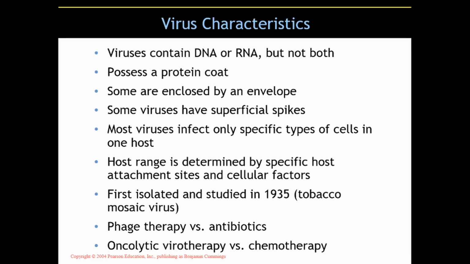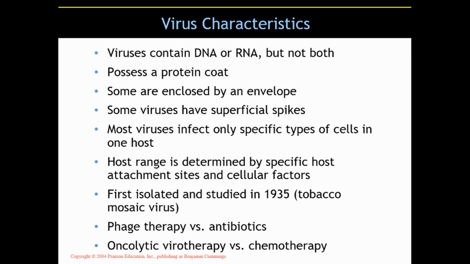These spikes are like a key that goes into a lock on the host cell surface, on the host cell membrane. Then that key goes into the lock, the cell welcomes the virus in, and the virus can do a number of things depending on what type it is, but basically overtaking, hijacking and hacking the nucleic acids in the host cell in order to make more of themselves in some way.